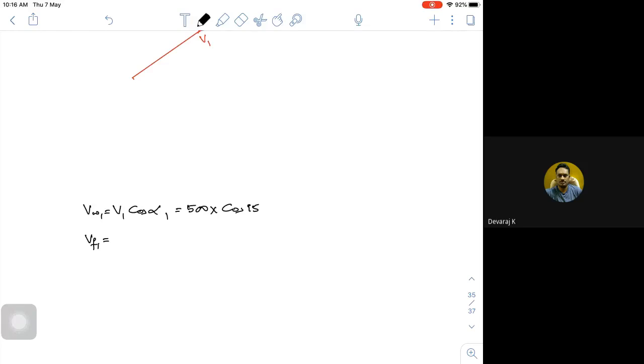This is V1 sin alpha 1, that is 500 into sin 15. So if I substitute into the calculator, 500 into cos 15 and 500 into sin 15.